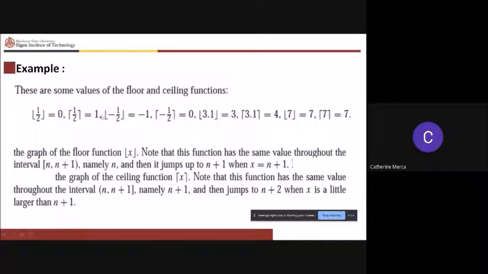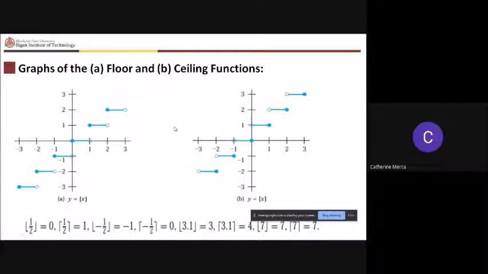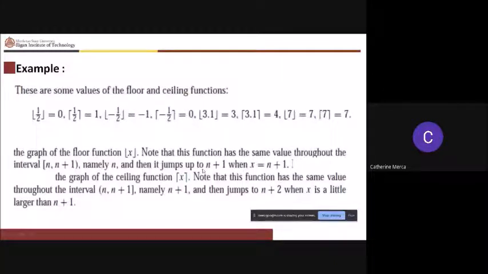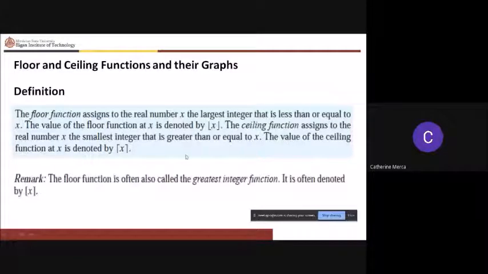Okay. So, ang largest which is less than or equal to negative 1/2 is negative 1. For the ceiling function, it says here, the smallest integer that is greater than or equal to x.